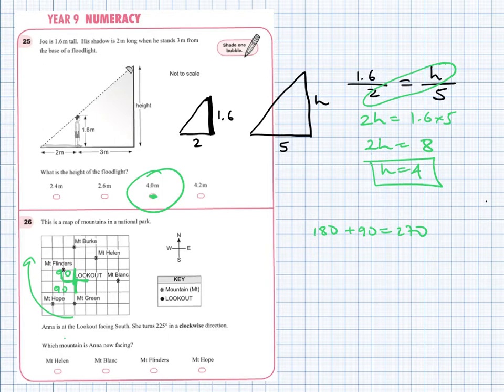Here is 180, and to reach 225 it's a difference of 45. So from here, if we go 45, which is halfway between the 90, she's looking at Mount Helen. Done. Beautiful. Let's go to the next one.